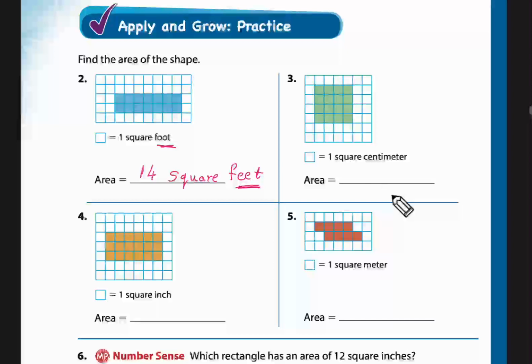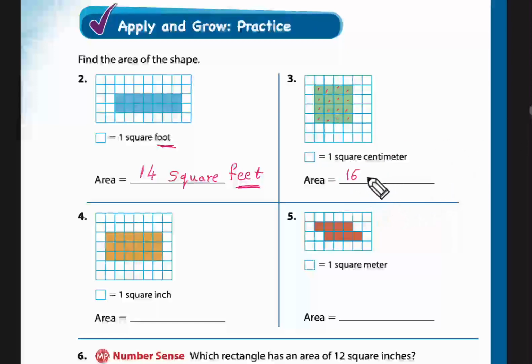Question number 3. Hassan. Yes, teacher. We count the green ones. Okay, let's count. 1, 2, 3, 4, 5, 6, 7, 8, 9, 10, 11, 12, 13, 14, 16, 16. Okay, so you missed 15. So these are 16, right? Yes. And what unit should I use?